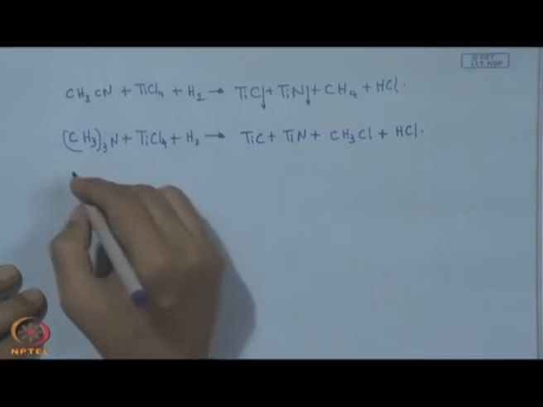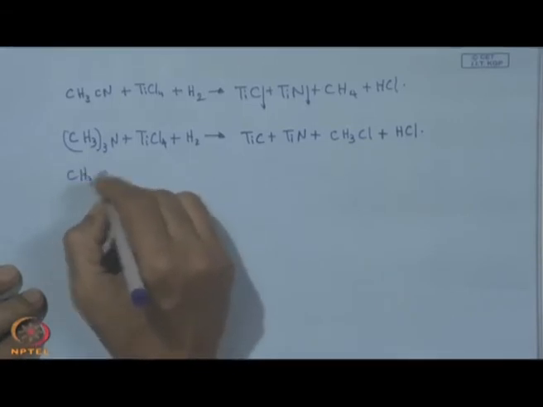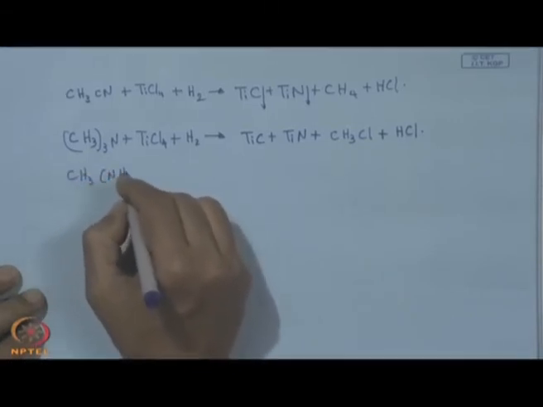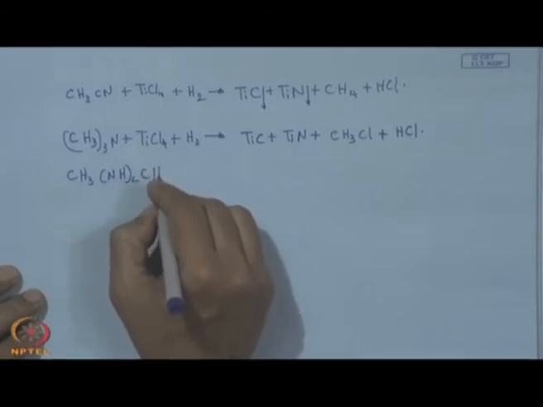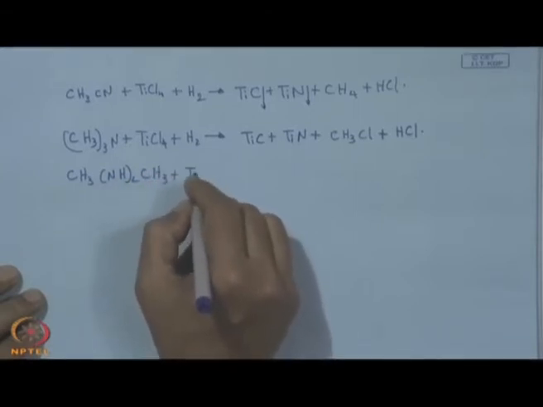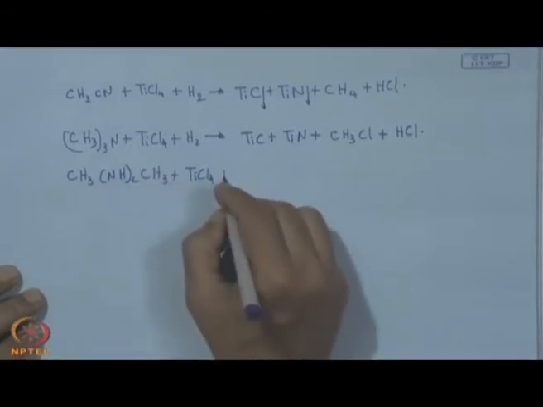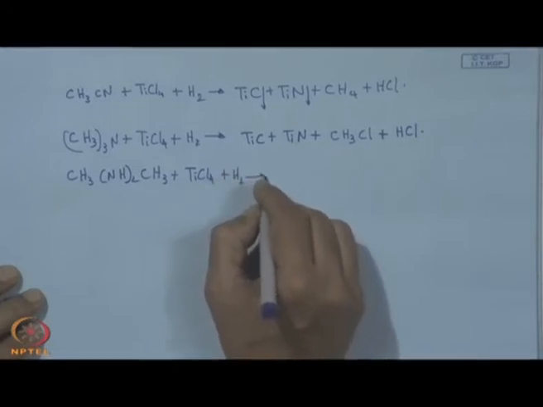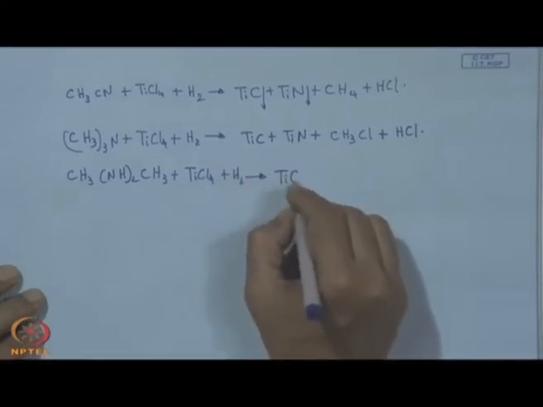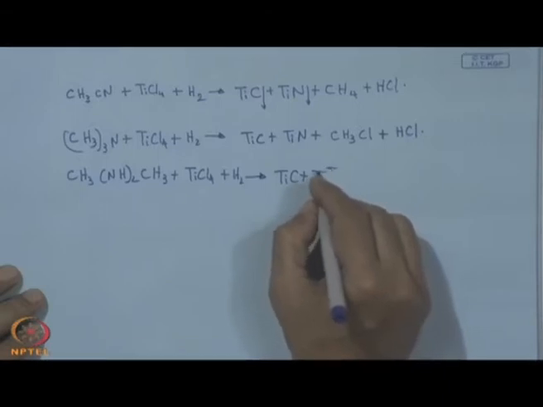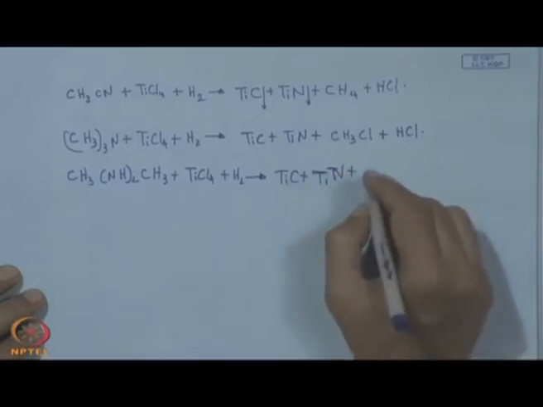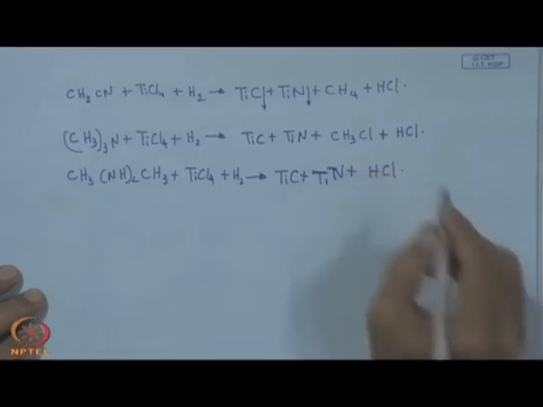Then we have dimethyl hydrazine, and this is exactly NH2, which can straightaway participate in this chemical reaction plus H2, and in this case we have TiC plus TiN plus HCl.